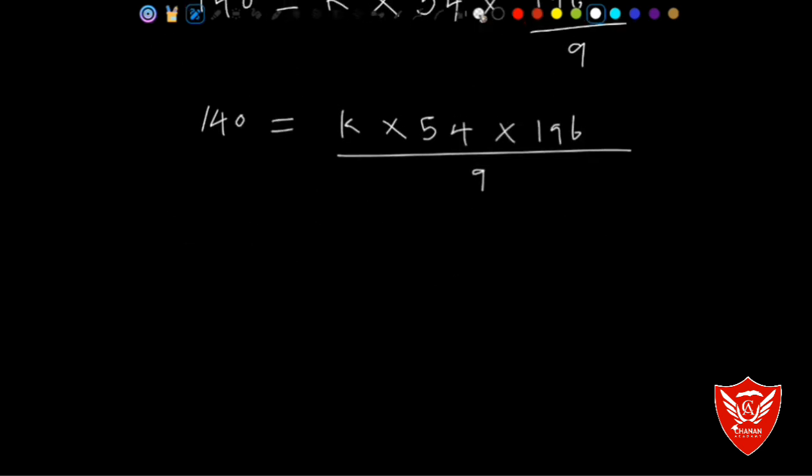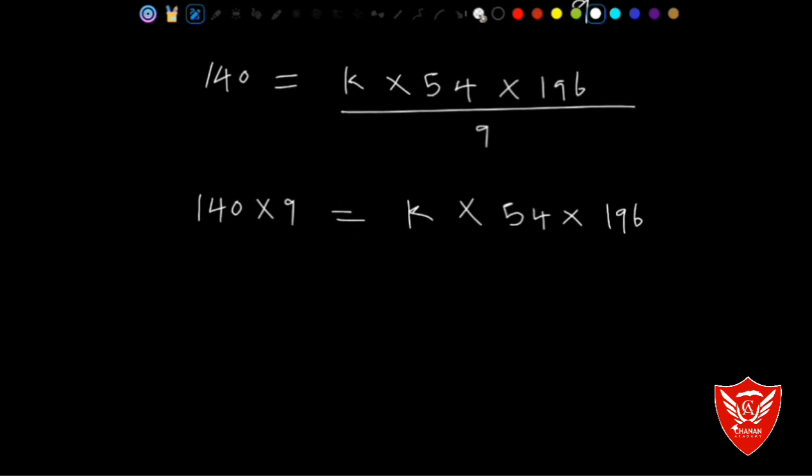From this point, we can cross multiply. When we cross multiply, we're going to have 140 multiplied by 9 equal to K multiplied by 54 multiplied by 196. Now, from this point, we can divide both sides by this, so we don't have an outrageous value when we multiply.